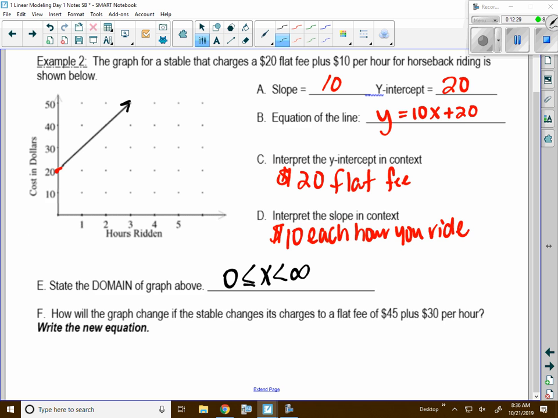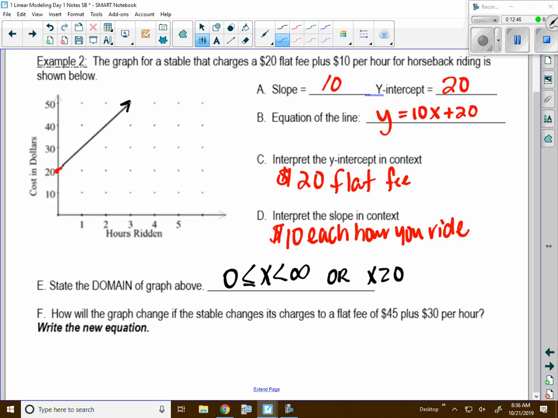You agree? Or you can write it either way. So it should be kind of the same domain as last time. So the number of hours isn't capped.